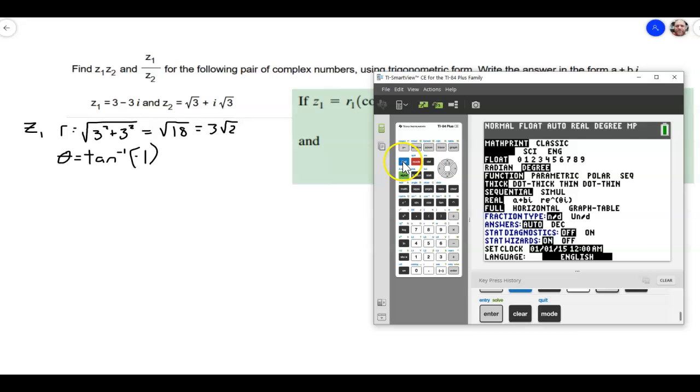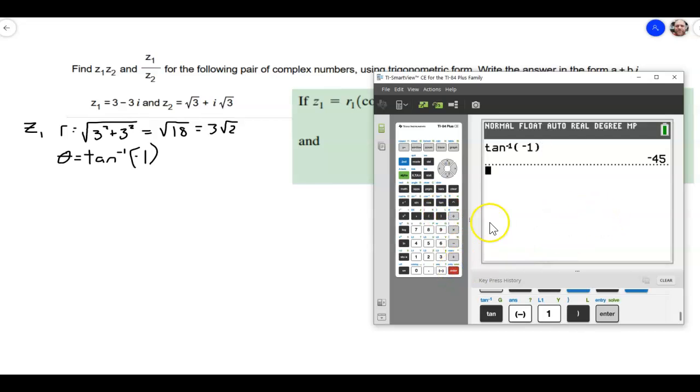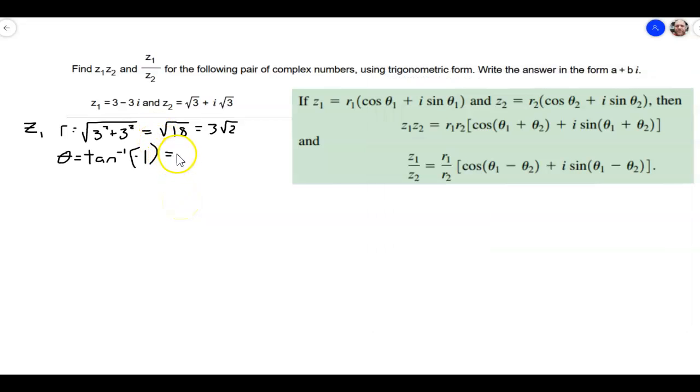If I don't remember what the inverse tangent of negative 1 is, I can just put it in here. Inverse tangent of negative 1 is negative 45, and negative 45 degrees is sure enough in my fourth quadrant there.